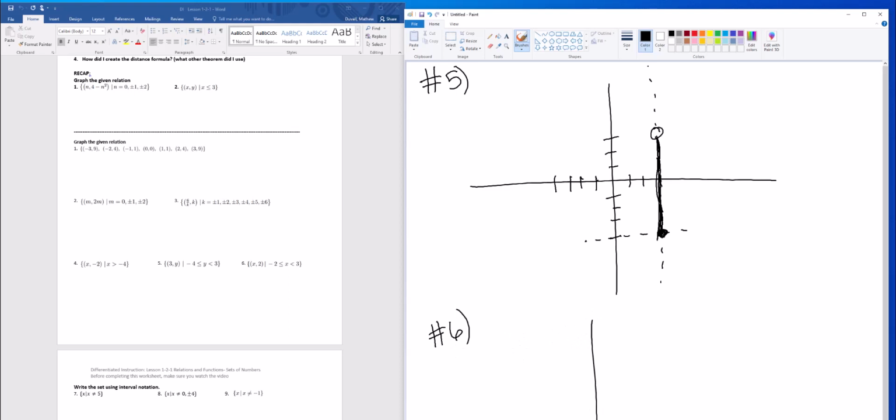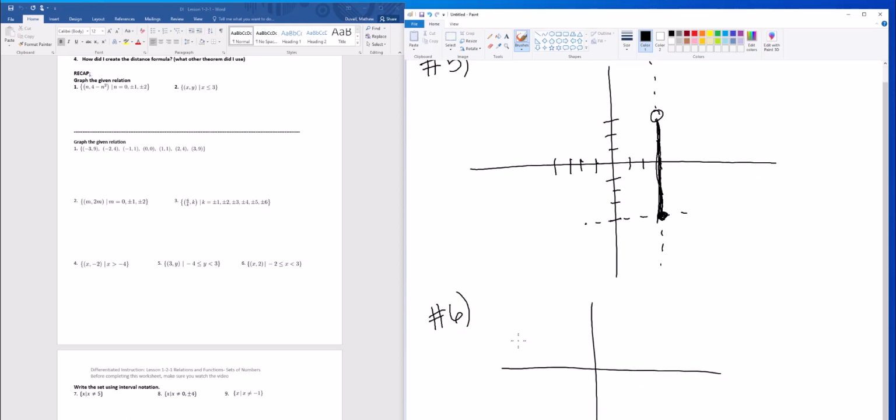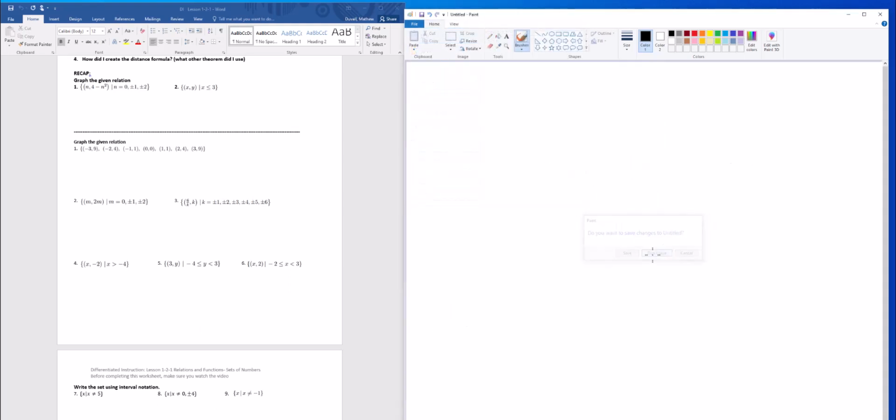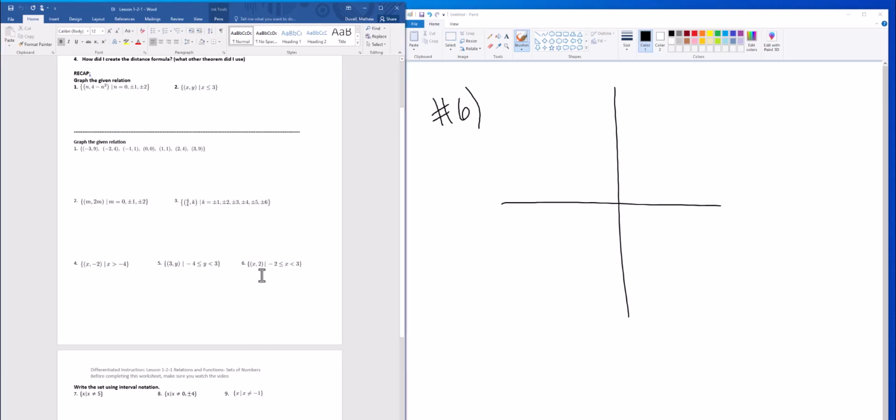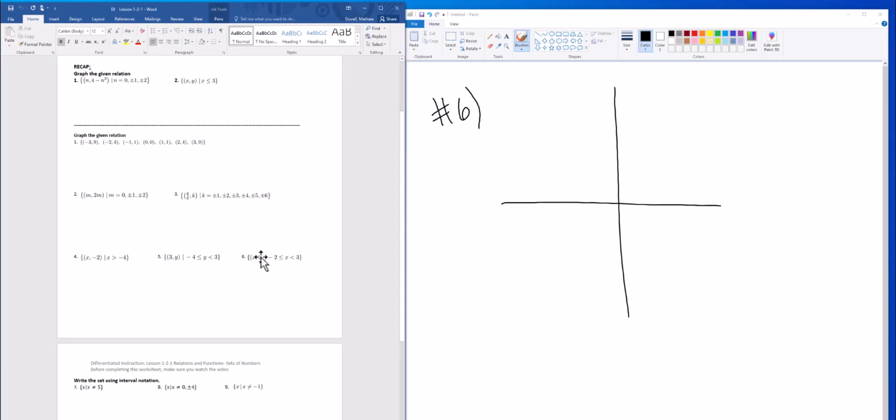It's saying on this one, here, I'm going to redraw. So on this one, it says that my y value is 2, but my x value is going to be defined here.